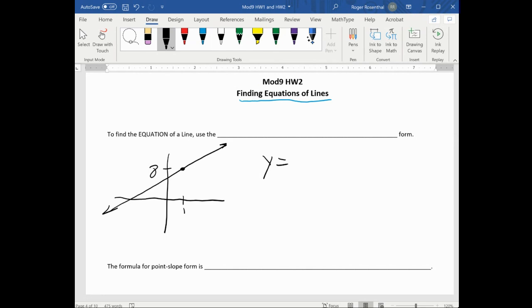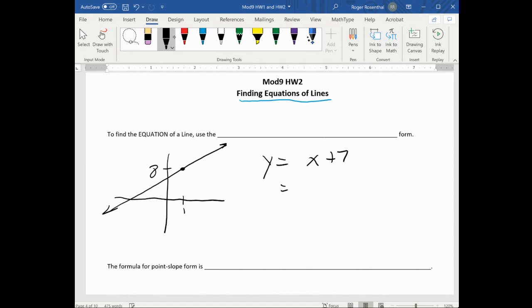Now, I'm just going to make up some equations. We don't know the equation of this line. Maybe this equation is y equals 8x. Notice that if you plug 1 in for x and 8 in for y, it makes it true. Or maybe the equation of that line is x plus 7.